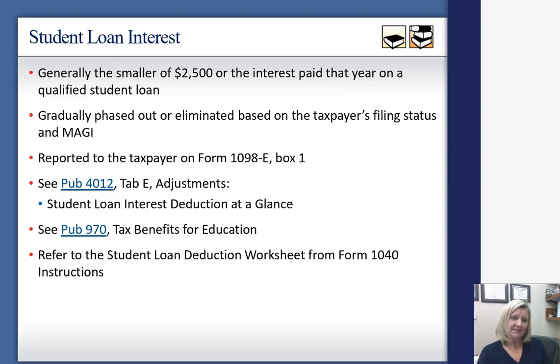Make sure that taxpayers are showing you their Form 1098-E, and the interest that they've paid to their provider will be shown in box 1. There's a spot on TaxSlayer to enter that information, and assuming their modified adjusted gross income is low enough, they get that full adjustment up to $2,500.